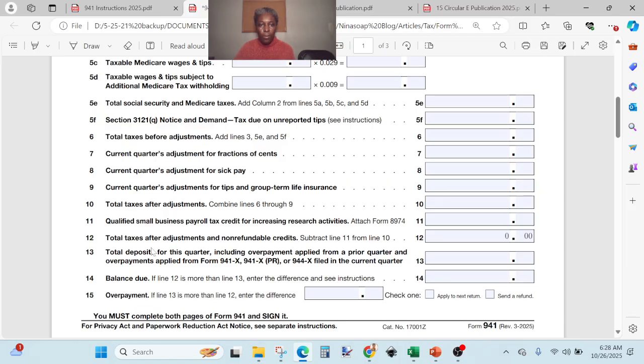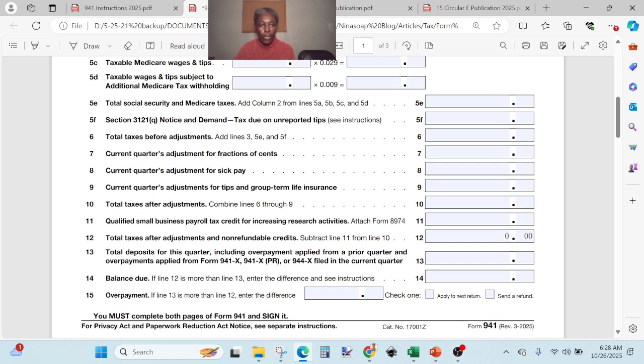So that just means if you claim it, if you have some credit like that, but you don't have any liability here to compare it with, any excess credit may not be refunded to you.